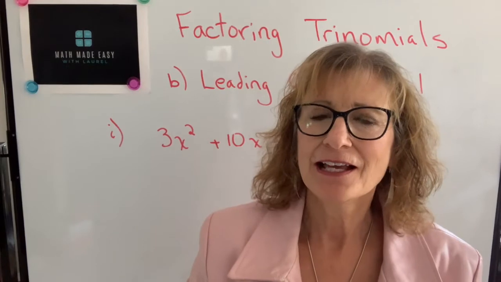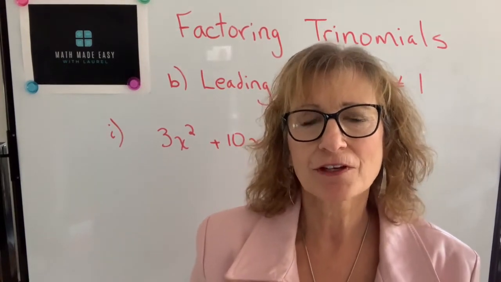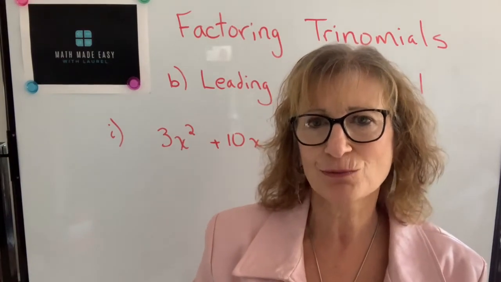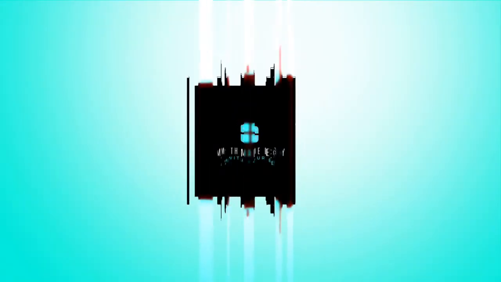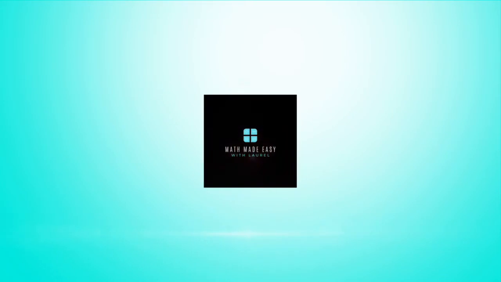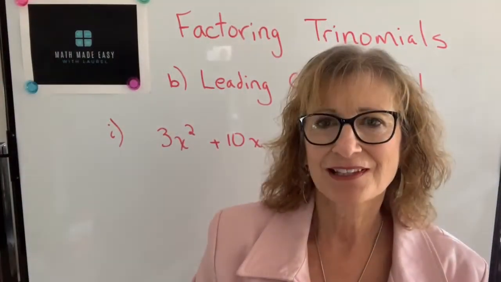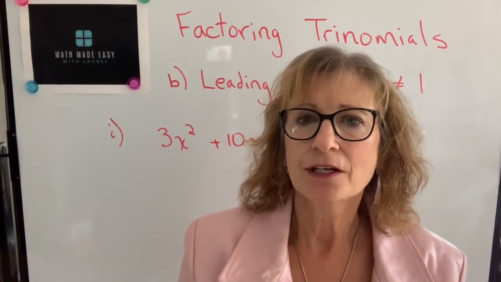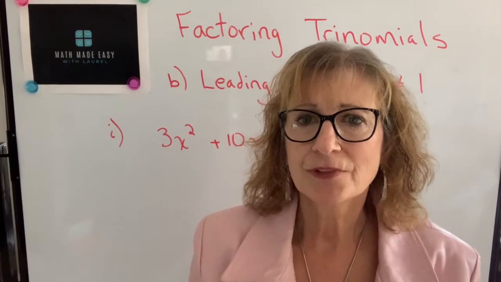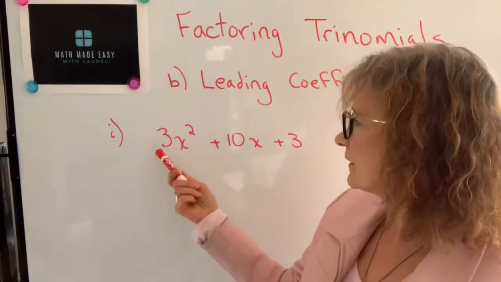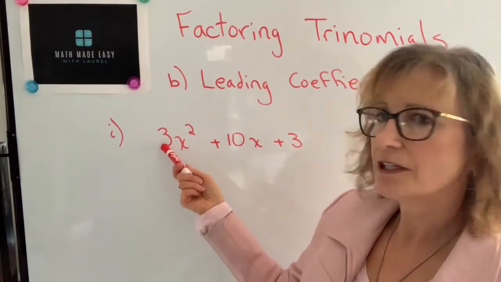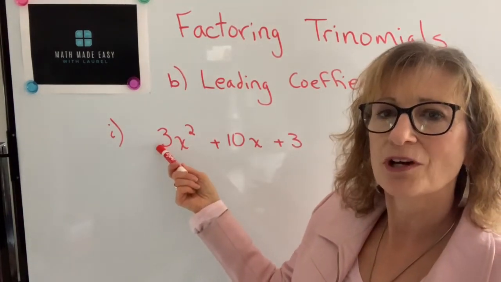I'm Laurel, and in this video we're going to look at factoring trinomials whose leading coefficient is not equal to 1. In the previous video we looked at factoring trinomials that had a leading coefficient equal to 1, and today we're going to look at the case where we have a leading coefficient equal to a number other than 1.